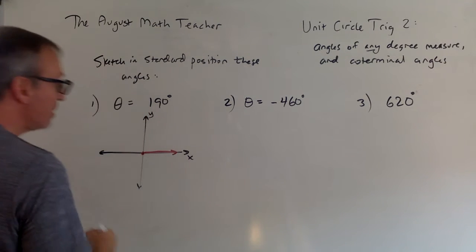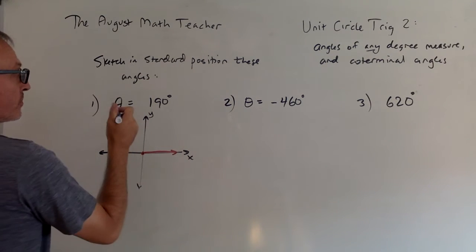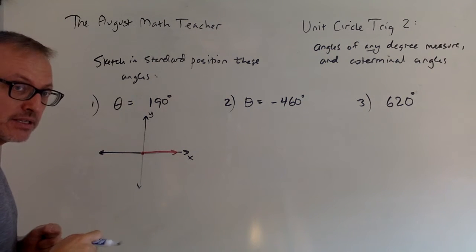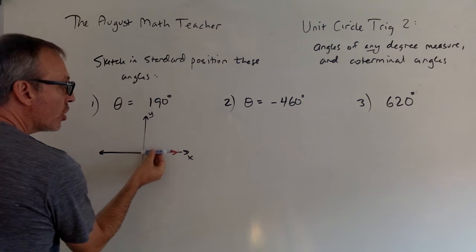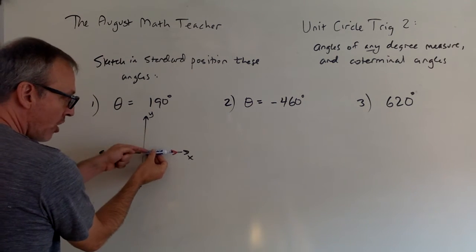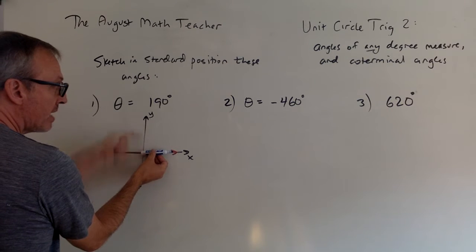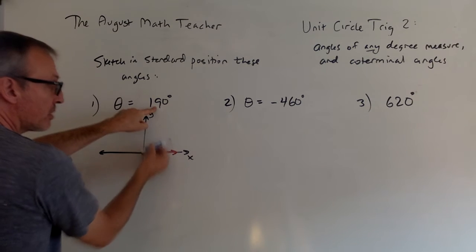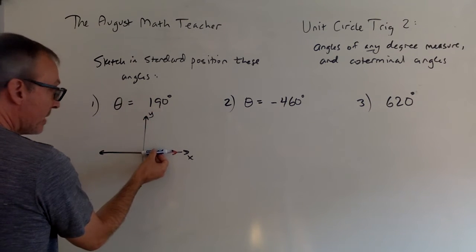And then the second ray, I'm just changing colors because I think it's helpful. For that second ray, for 190 degrees, don't think about where it is. Instead, think about where it goes. It's the motion that this implies. We start on top of the initial ray, and we think of a rotation being described by this number. The rotation is positive, therefore it is counterclockwise, meaning we're going to go this way. And we just count out how far we're going.